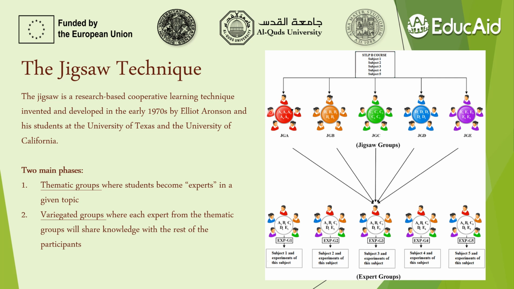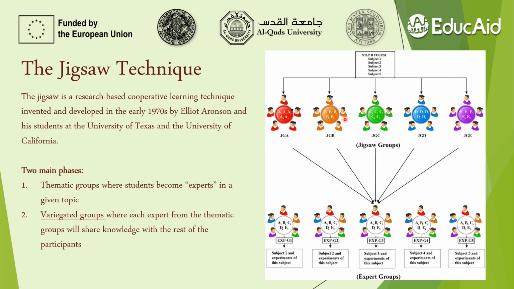In this first phase, the thematic groups have the task to become experts, each member needs to become an expert in that given topic. This first phase can last from 15 minutes to even an hour, depending on the complexity of the topic.